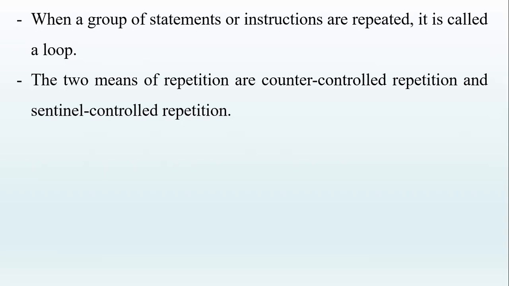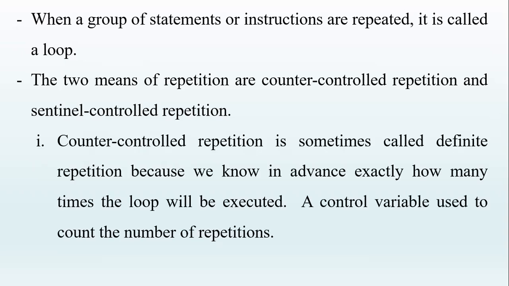The two means of repetition are counter-controlled repetition and sentinel-controlled repetition. Counter-controlled repetition is also called definite repetition, because the programmer knows in advance exactly how many times the loop will be executed.